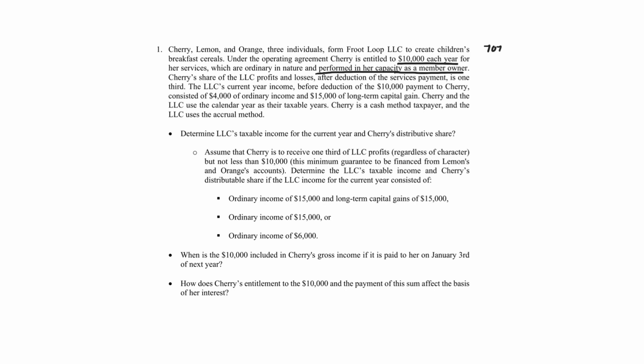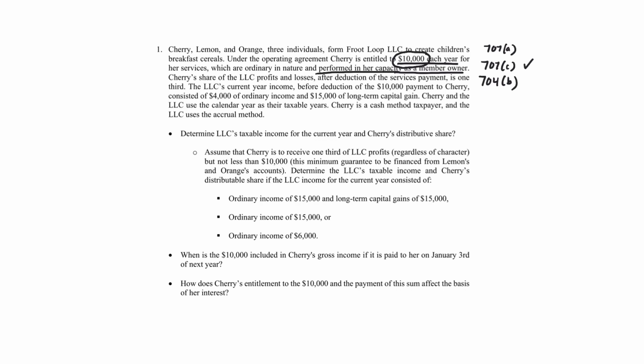Either 707A, which is when a partner receives payment in their capacity outside the partnership. There's a 707C guaranteed payment, which is what we have here because it's performed in capacity as a member owner, but it's a guaranteed $10,000. And there's 704B, which is distributive share, which is not a guaranteed amount, but it is in accordance with the partner's actions inside the actual partnership. That's just the normal amount of allocated income, gain, loss, deduction, those items.